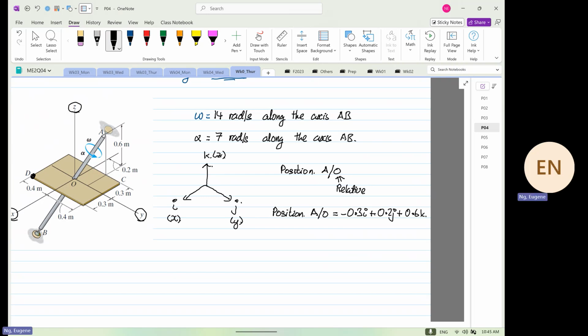So next we are going to form an equation, and it's going to be based on a unit vector.